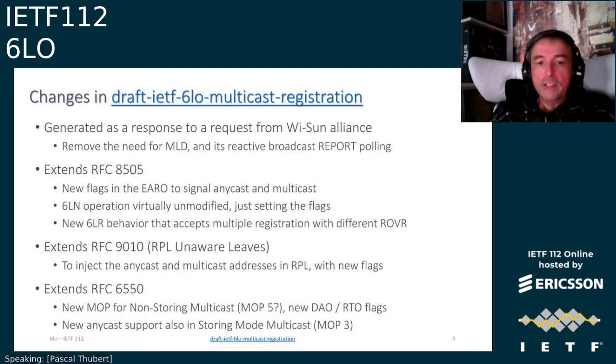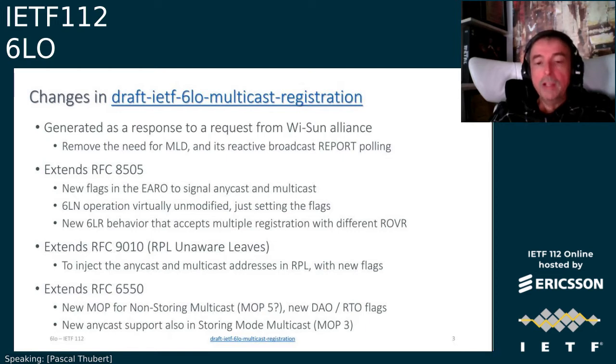Which is the draft IETF 6LO multicast registration, where we enable 8505 for not only unicast IPv6 addresses, but now anycast and multicast addresses as well. And if you consider the position of an IoT device, an LLN device, a 6LN, being able to register that it is a listener for a multicast address saves the need to implement MLD.